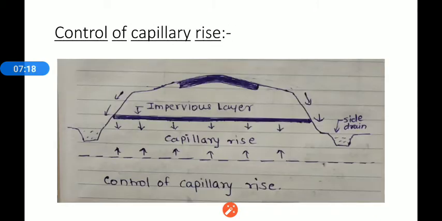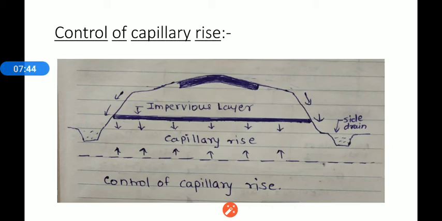Our next topic is control of capillary rise. This is the third part of the subdrainage structure. In case the capillary rise is detrimental to the subgrade, arresting the capillary rise is more effective than lowering the water table level.